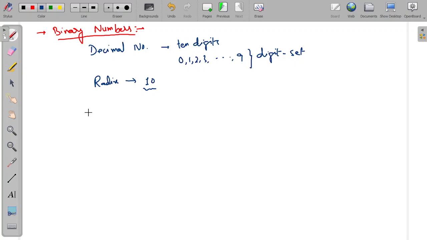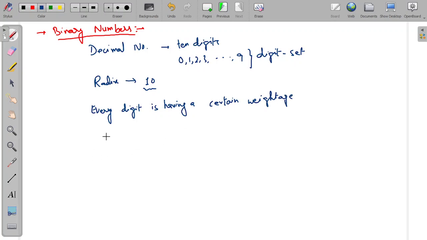And every digit has a certain weight, so this is a weighted number system. This is a very important point for decimal number representation, that every digit has a certain weightage.